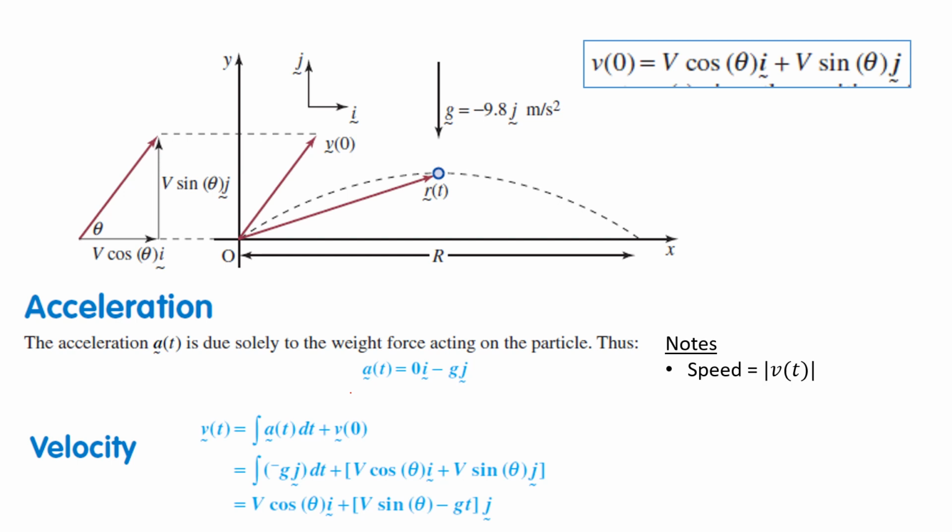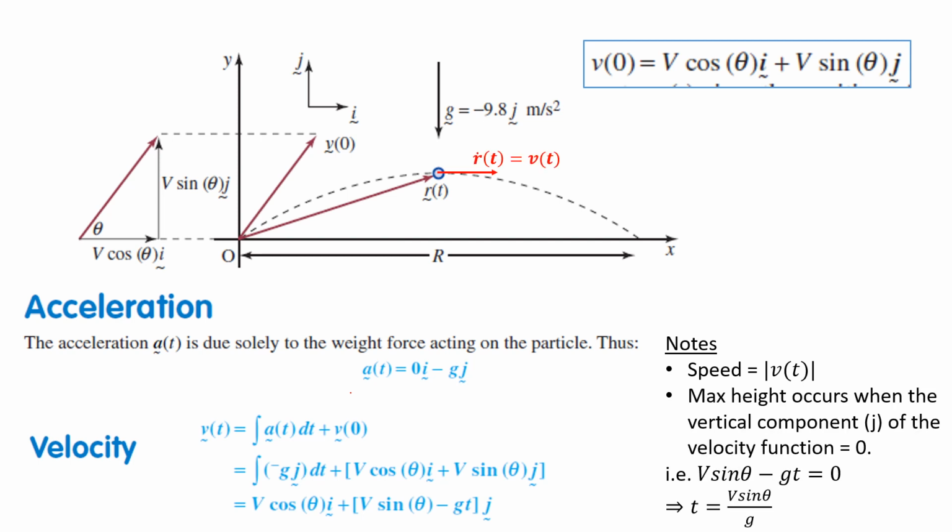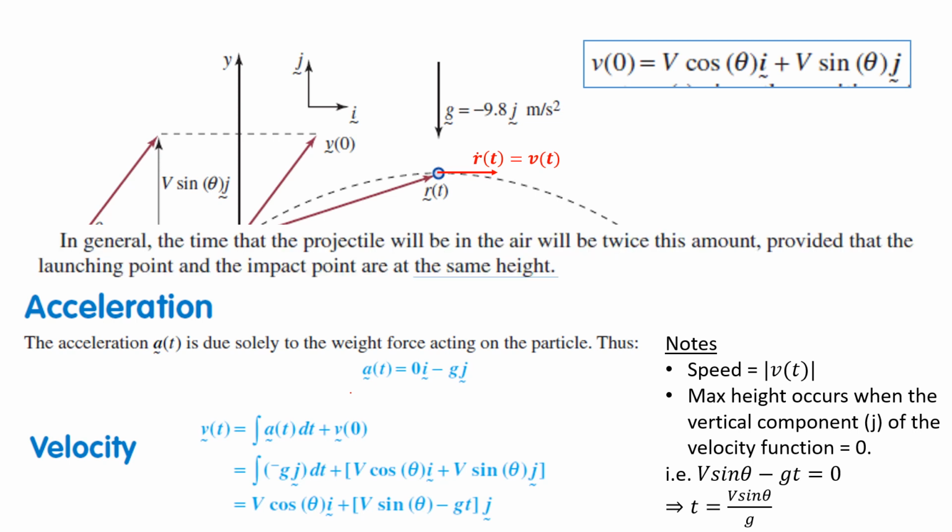Okay. Now, some notes, of course. Instantaneous speed, as we recall, is just the magnitude of our velocity vector function. And the maximum height which this particle will reach on its parabolic path will be when the j component of the velocity vector function, so here it is, our j component, is equal to 0.